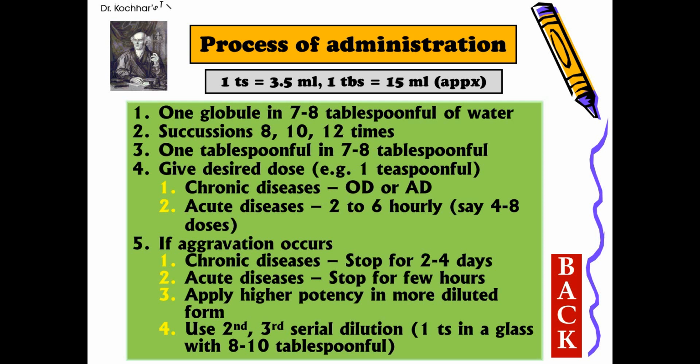Then from there stir it well, and from there take 1 teaspoon and put it in another cup. So this is called second serial dilution. I have seen patients in my life wherein I have been required to go up to third, fourth serial dilution also. This is in skin disease, and in oversensitive patients, maybe joint pains or maybe different conditions. You may come across it, you may take it.